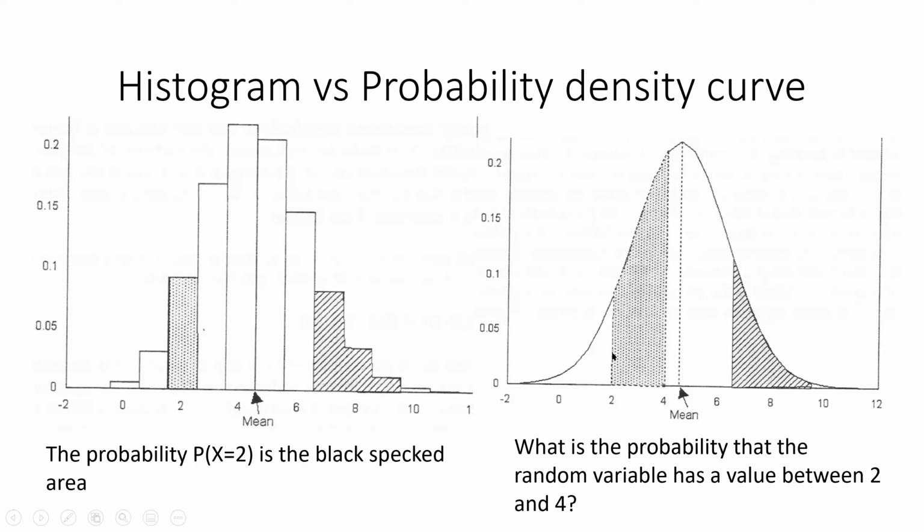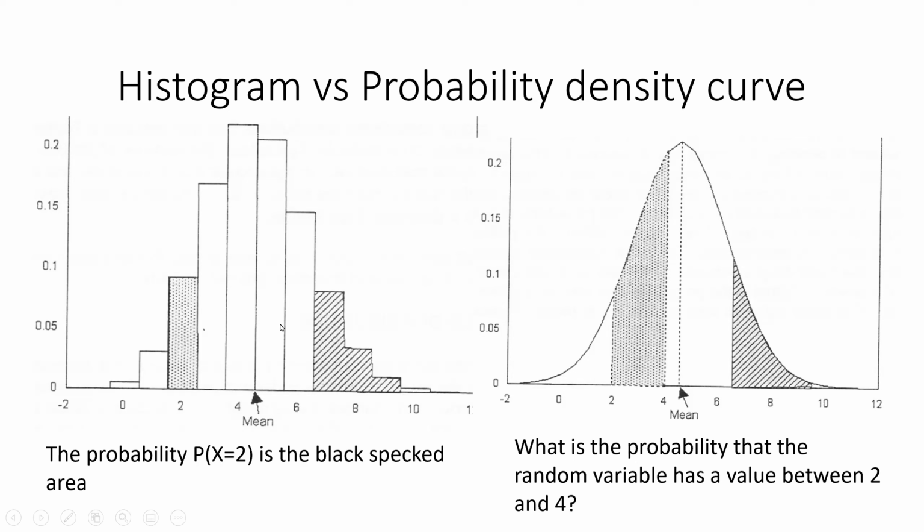It's so thin that each bar will be just a thin line. Each bar doesn't have thickness anymore, so the area of each bar will equal 0.